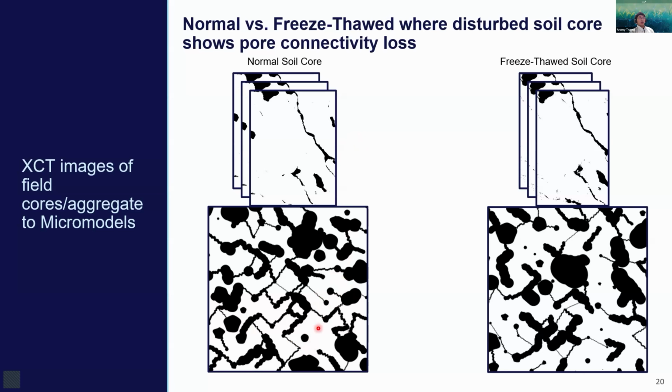But now on the right, when we run the algorithm on the disturbed soil aggregate, we can see that there are a lot more lone pores, disconnected pores, singly connected pores. And this was really exciting to see that Pore-to-Chip was capturing these attributes of the three-dimensional pore network in a two-dimensional context.